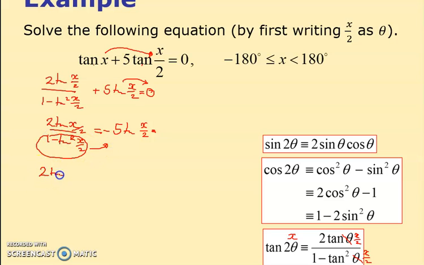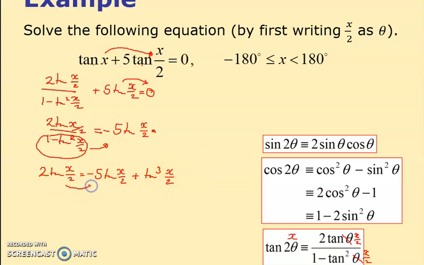Now this is where I simplify a bit and move that over there. That gives me 2 tan x over 2, and I times the 1 by this lot, which gives me minus 5 tan x over 2, and I times this minus tan squared over, which gives me plus tan cubed x over 2. Notice the x over 2 stays there all the time.